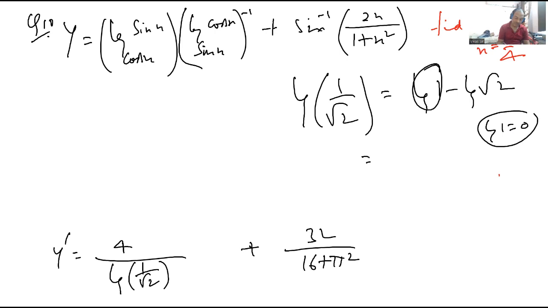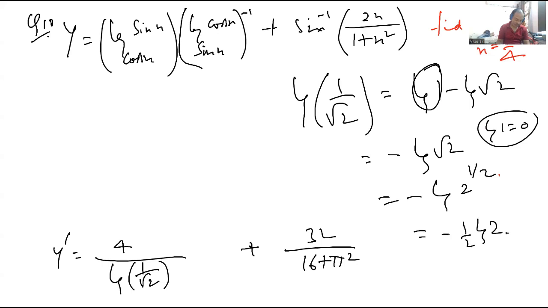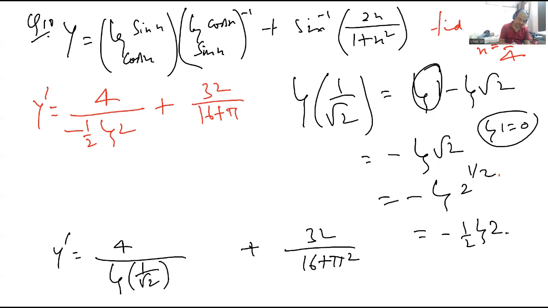You will have minus log root 2, then minus log 2 raised to power half, which gives you minus 1 by 2 log 2. This all is in the denominator part. Then you have y dash equal to 4 over minus 1 over 2 log 2, plus 32 over 16 plus pi square.